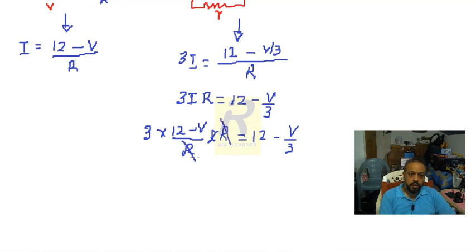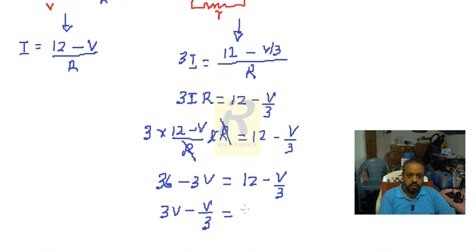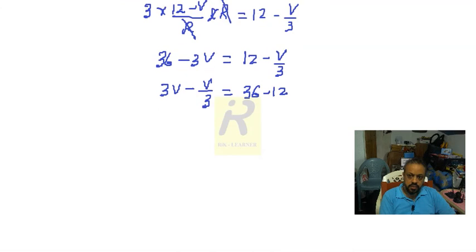So here the term R gets cancelled. So this becomes 36 minus 3V is equal to 12 minus V by 3. Now I simply rearrange this equation: 9V minus V divided by 3 is equal to 36 minus 12, which is 24.